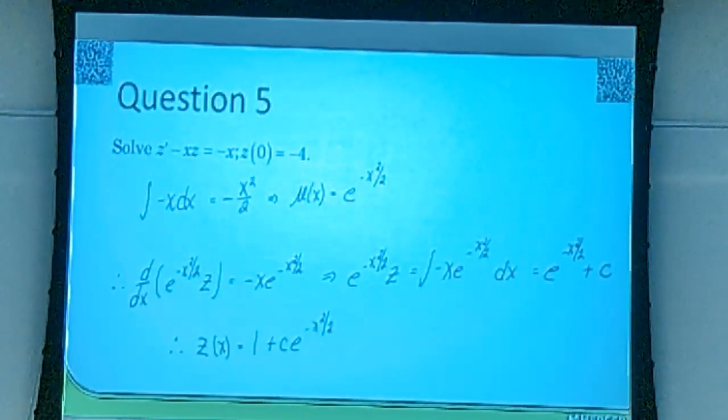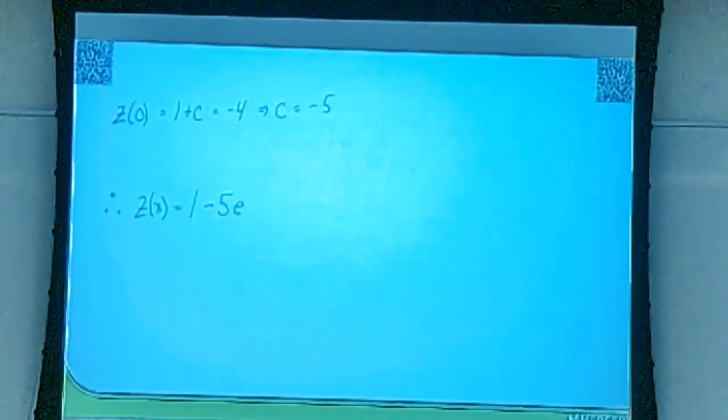Right, so z of 0, what's e to the 0? Right, so z of 0 being 1 plus c, that has to equal negative 4. So what is c? That is our solution.